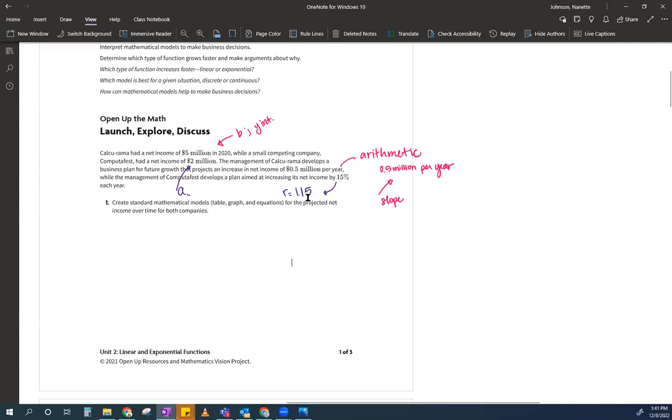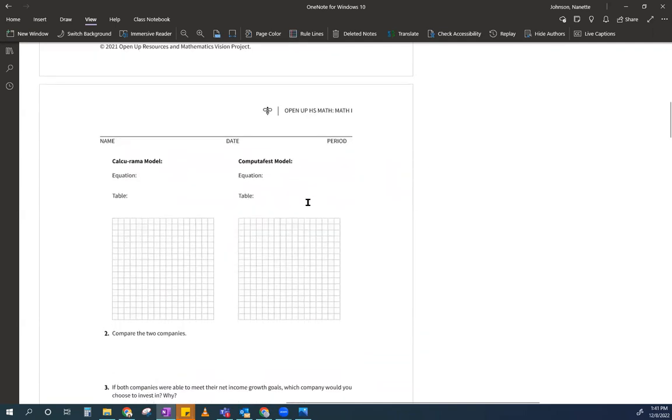Now, again, some of you are like, Ms. Johnson, shouldn't it just be 0.15? And the answer is no. Why shouldn't it be 0.15? Because you're adding to that original thing, right? So there you go. I'm going to have you guys build these two equations here and here. Calcurama, we basically have it there. ComputerFast, we have it there.